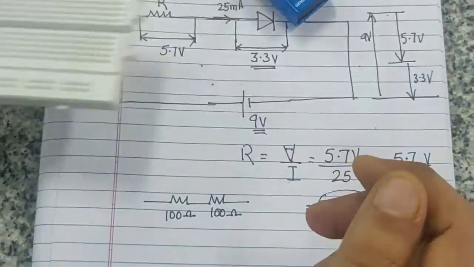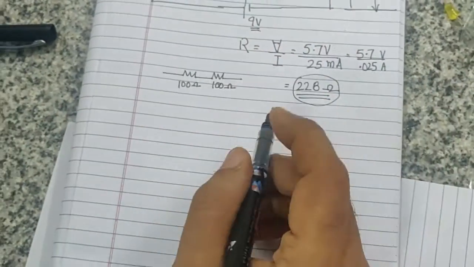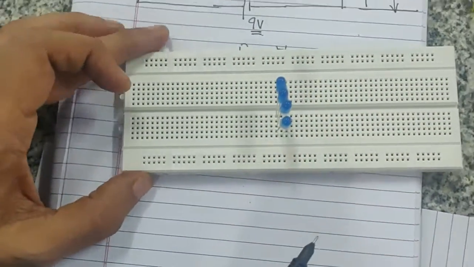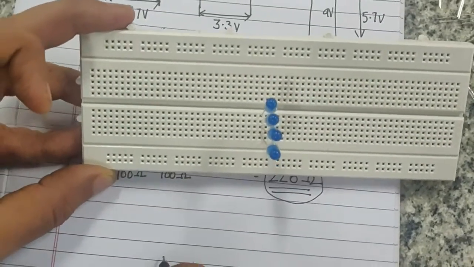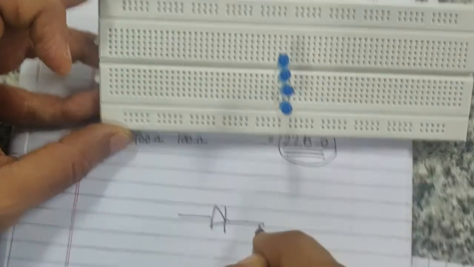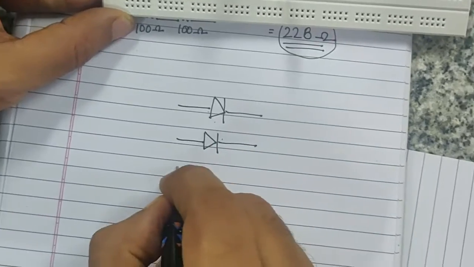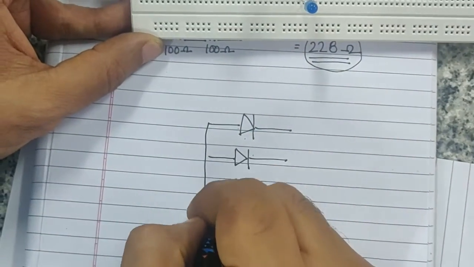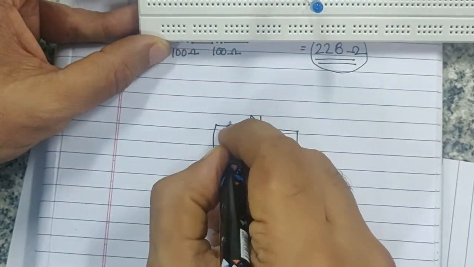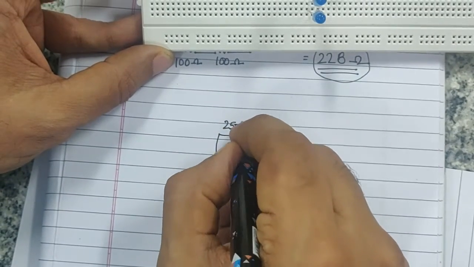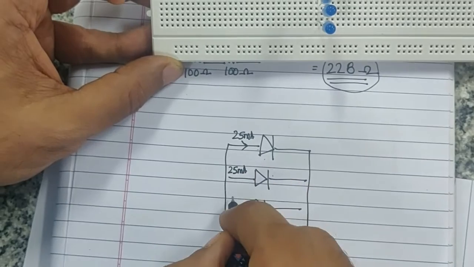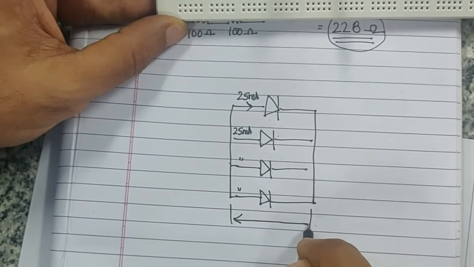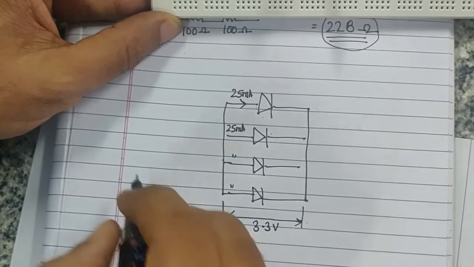Now let's say you want to connect four LEDs in parallel and light them up. The circuit looks like this, with four LEDs. Each LED is going to draw about 25 milliamperes, with a drop of 3.3 volts, which is under the operating specs.